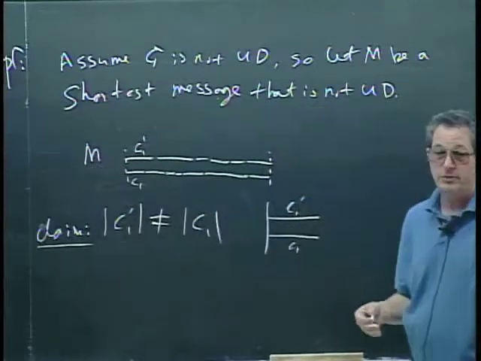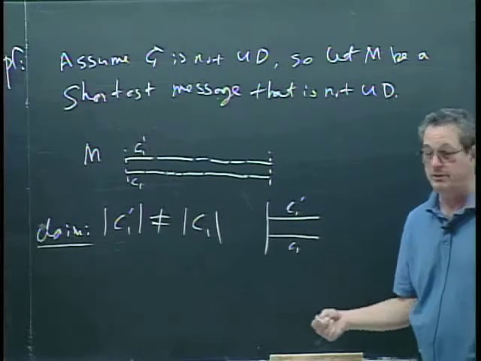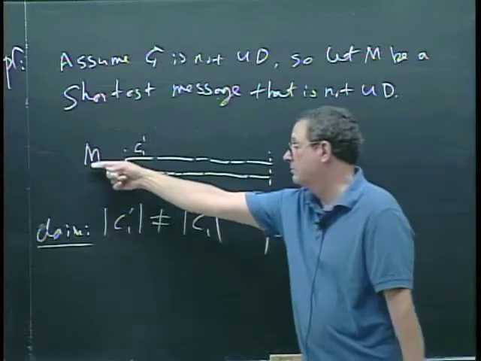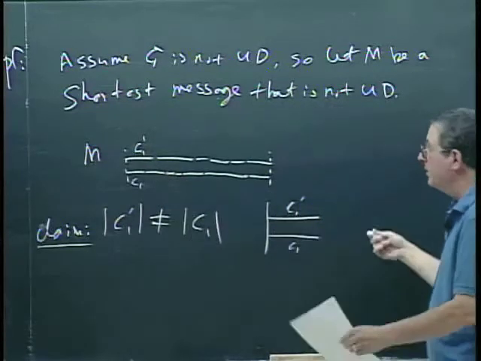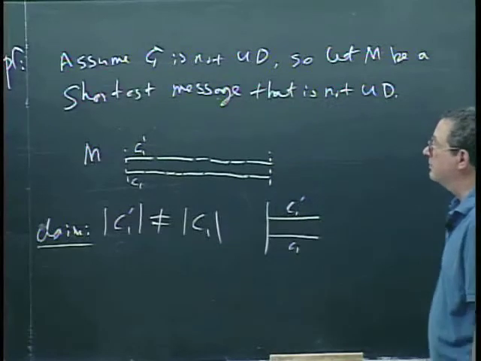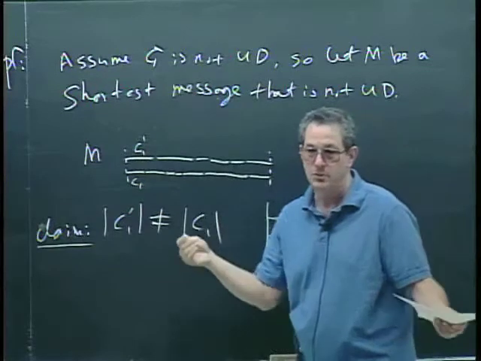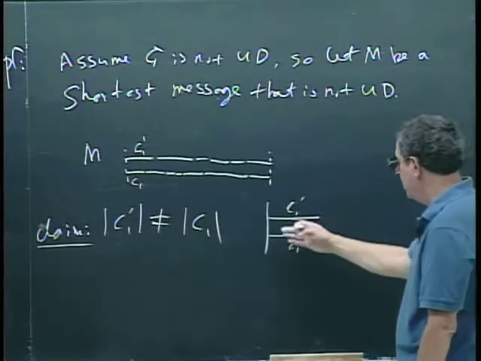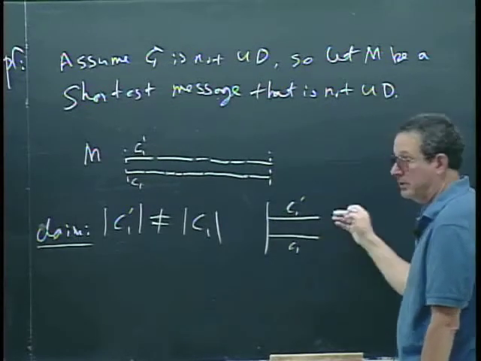You can have two code words generally of the same length in a code, but they have to be different. The strings have to be different. But here, they're both of the same length, and they're both equal to the beginning of the message M, so they must be equal. And I didn't make an explicit assumption, but the code has no duplicates. There are no duplicate strings in there. It's unnecessary to have a duplicate string. So if they were of the same length, they would have to be identical.